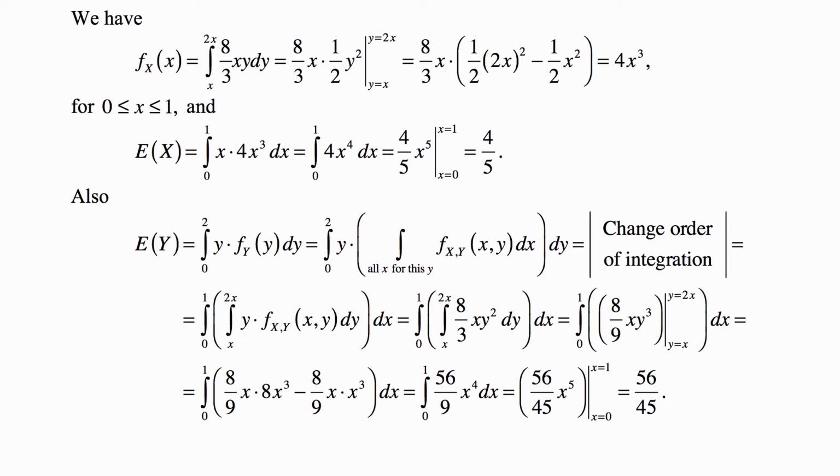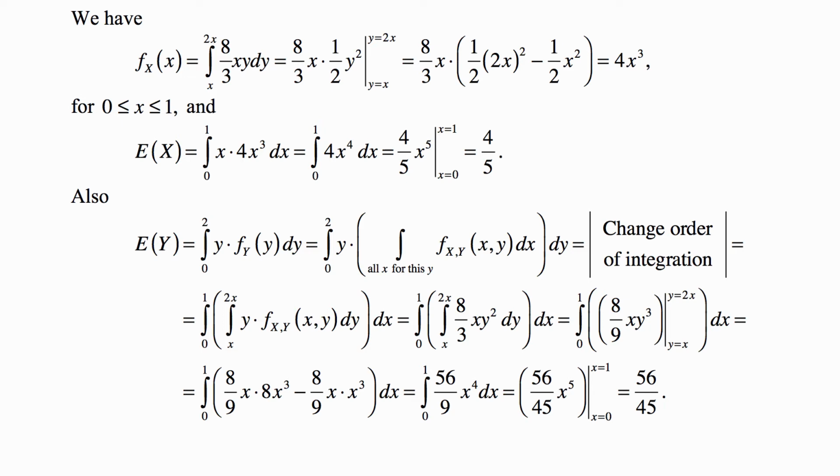Now we have, over the region where the joint density is positive, the integral of y times the joint density. That's actually an alternative way to calculate the expected value of y: you just take the integral of y times the joint density over all possible values of x and y. But we change the order of integration so that we do the integral with respect to y first, with y running from x to 2x, and then the integral with respect to x second.